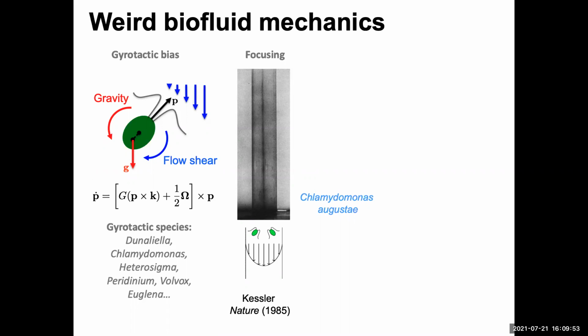Kessler was working on this because he was interested in desalination, and he started working with Dunaliella salina because it produces copious amounts of glycerol to protect itself from osmotic shock. And so he was messing around with Dunaliella salina, and he saw that it formed patterns. And then he actually happened to be in Cambridge, where there was a culture collection of algae, and he found other species such as this Chlamydomonas augusta, which form patterns.